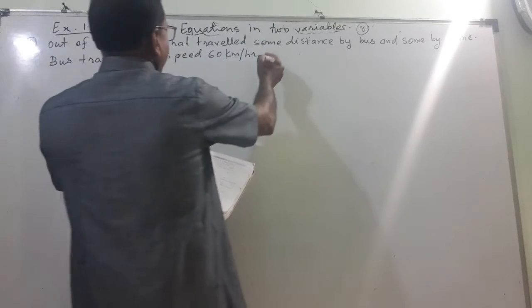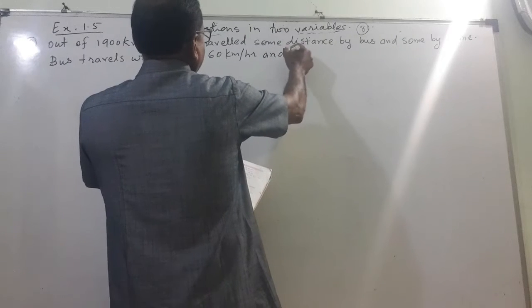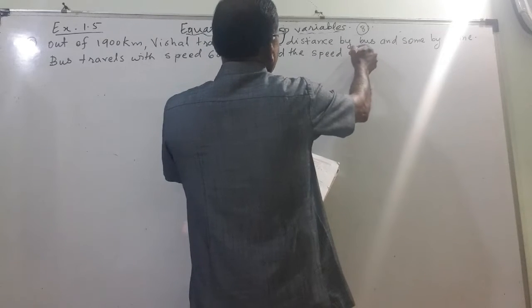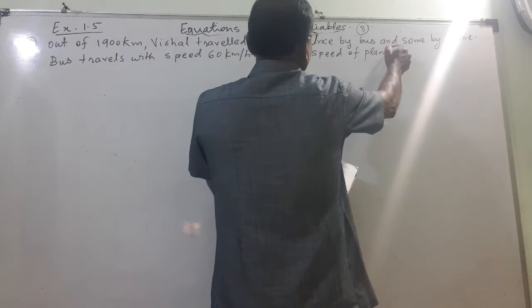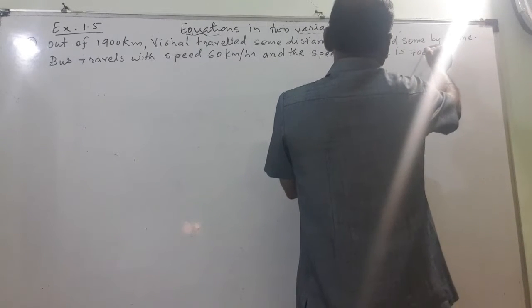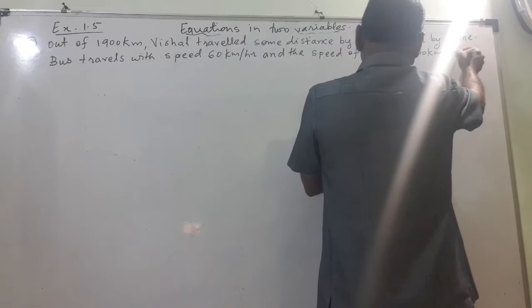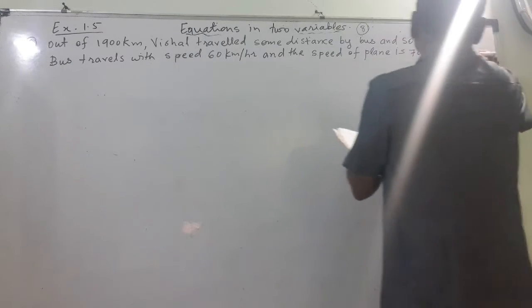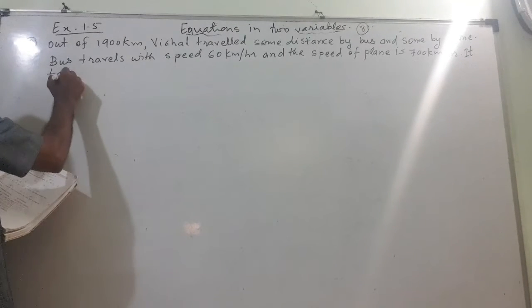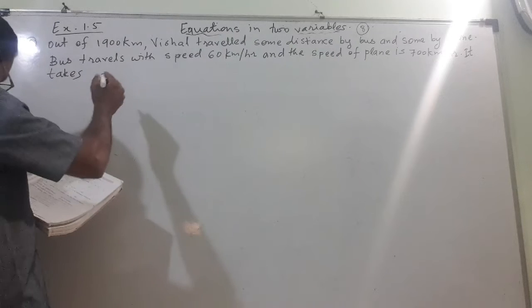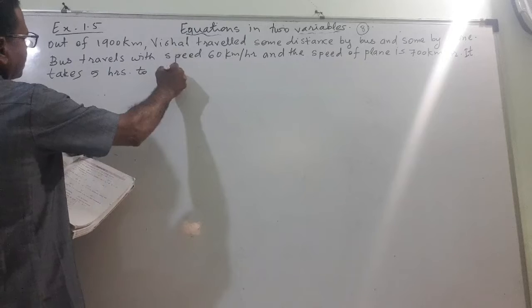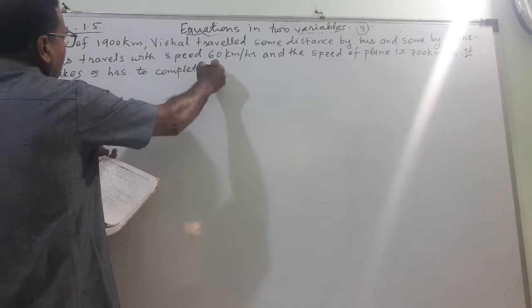And the speed of aeroplane is 700 kilometers per hour. It takes 5 hours to complete the journey.